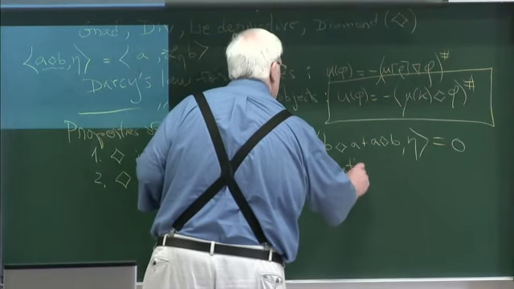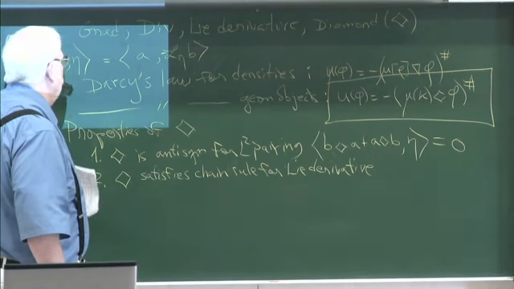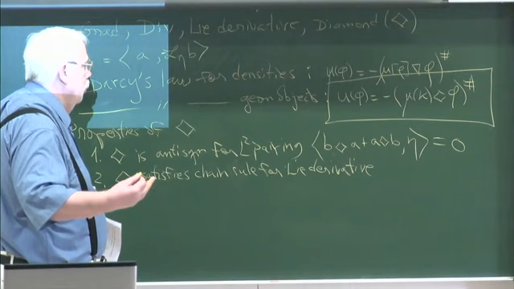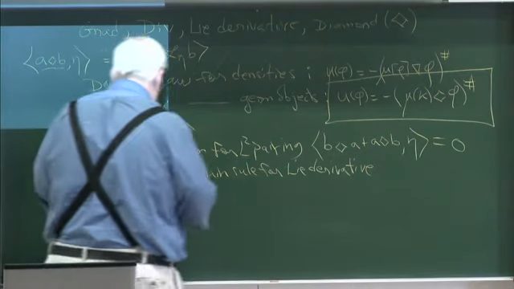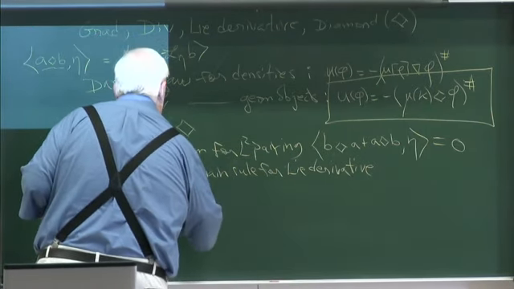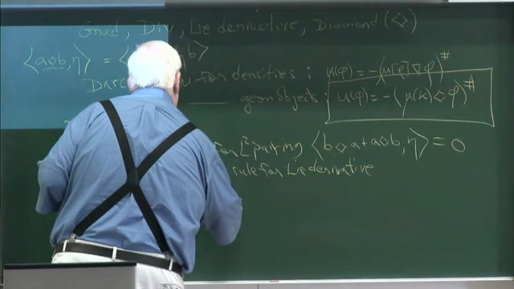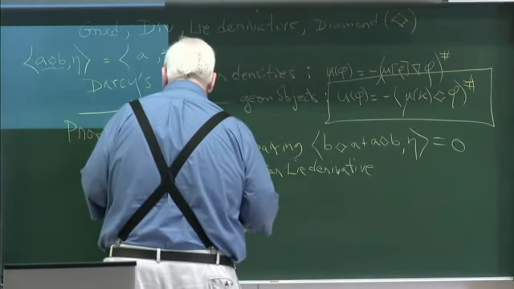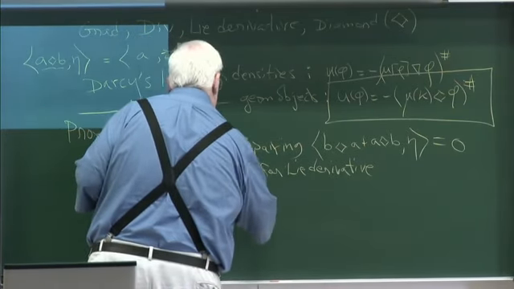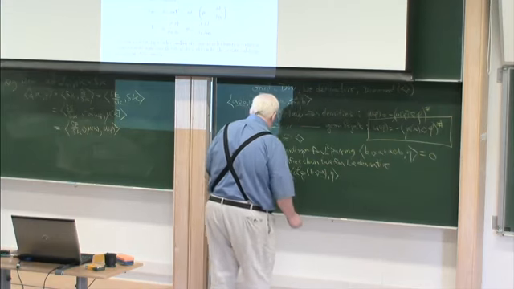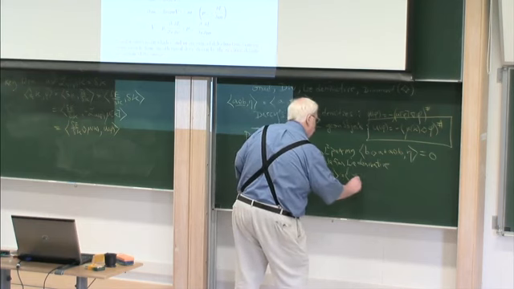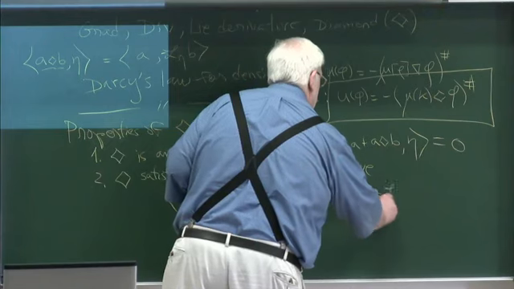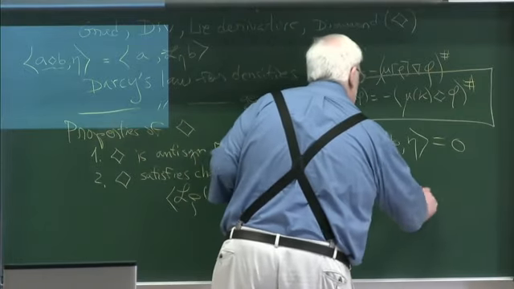Remember, our variations are going to be Lie derivatives, and we're going to have products like B diamond A and A diamond B. We need to be able to take the variations of them and regroup them, and we can do that because the Lie derivative with respect to C of B diamond A paired with eta is the Lie derivative with respect to C on B diamond A plus B diamond Lie derivative with respect to C on A paired with theta.